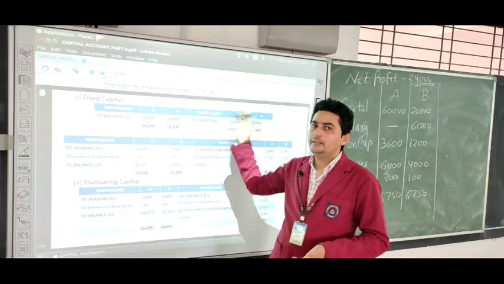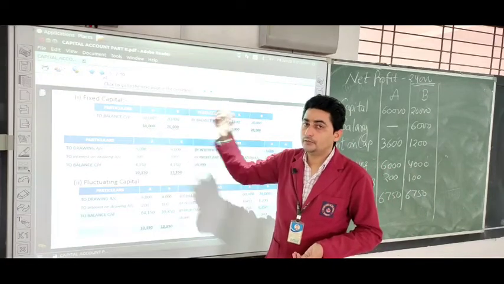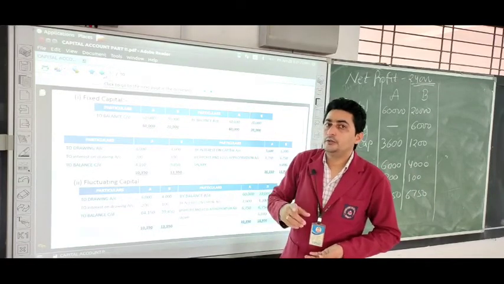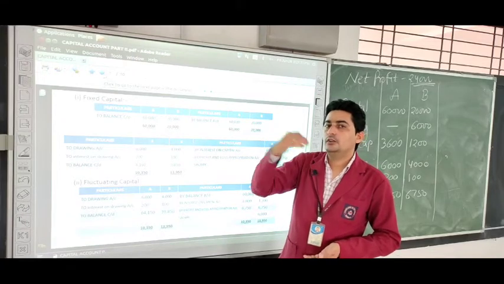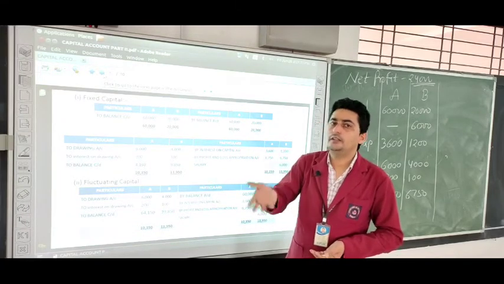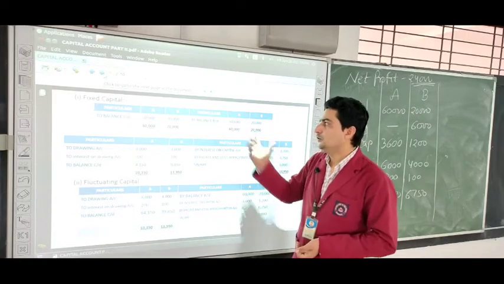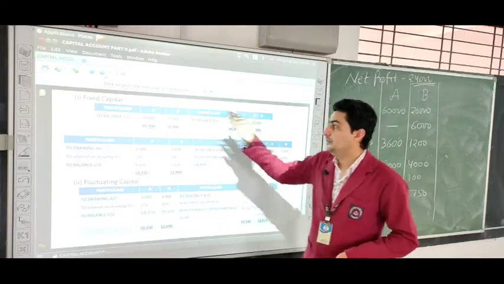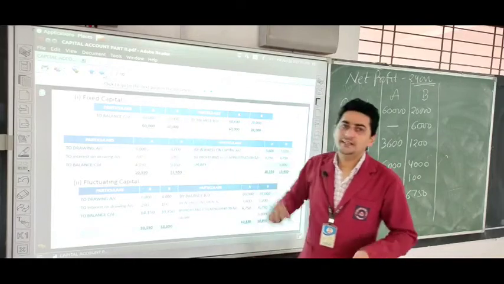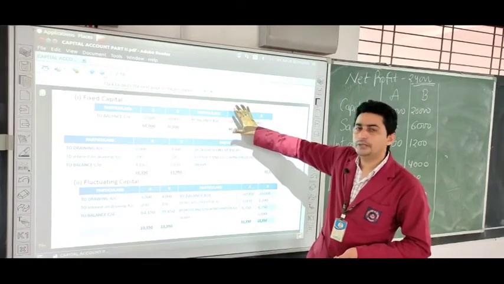It means opening balance and closing balance will be the same, because, if you remember, I had already told you fixed capital is not changing. It only changes when additional capital is brought in or drawing against capital is done. So both things are not there, so the capital will be the same, balance CD 60,000 and 20,000 only. So this is your capital account.